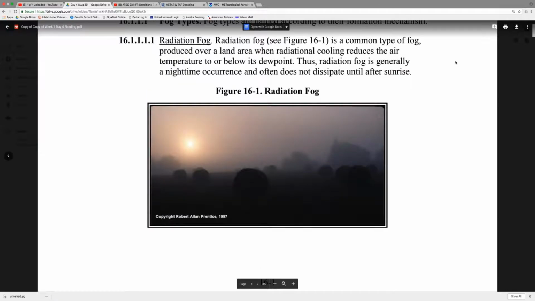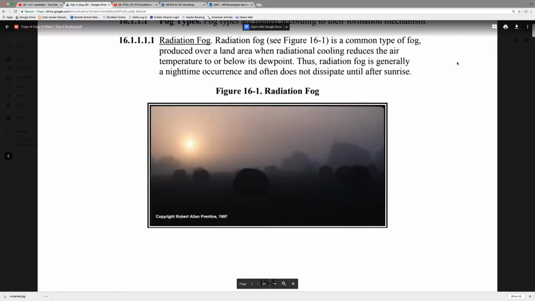So like I said, either the temperature has to come down to the dew point, or the water vapor content of the air has to come up to the 31 degrees in order to create fog.